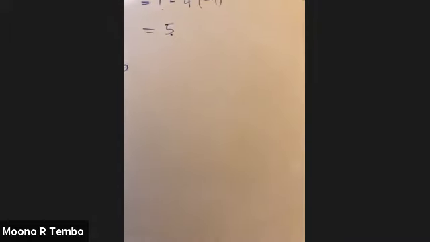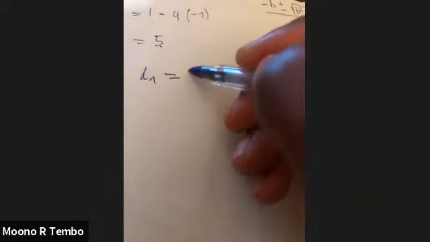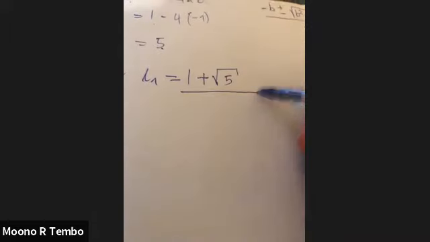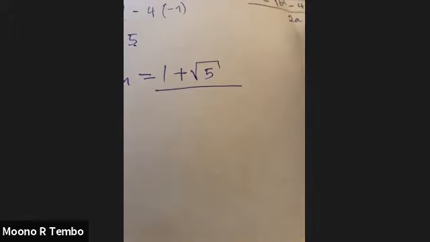So the first thing we're going to have is L1 equals, our B is negative 1, so negative times negative 1 gives us 1, plus the square root of 5, everything over 2A. What's the value of our A? Our A is 1.